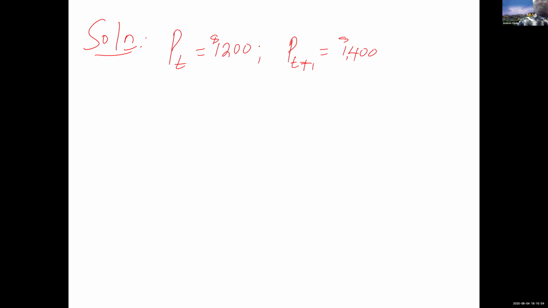So it's going to be the same idea. So let's summarize here. Always when you're doing this word type problem, make sure whatever you read in the word problem, summarize it. So you purchase the bond for $1,200 and you turn around and sold it after 1 year. So PT plus 1 is $1,400. We have been told that the bond has got a face value of $1,000 and the coupon rate is 10%. 10% is the same thing as 0.1.